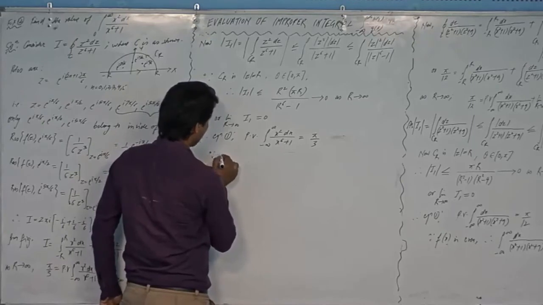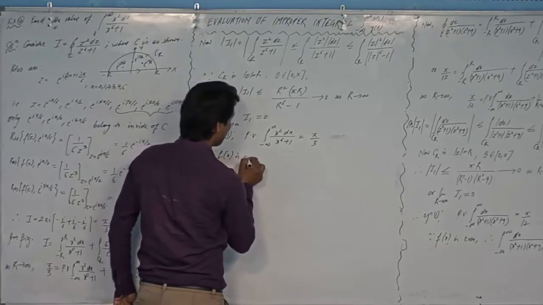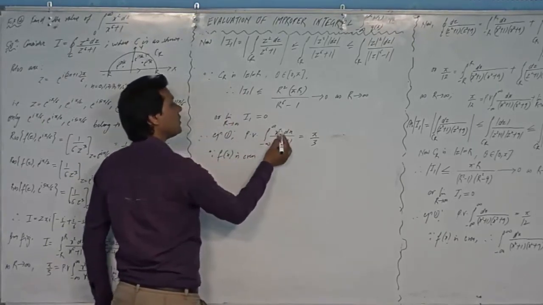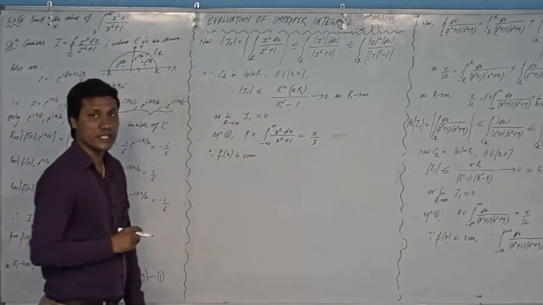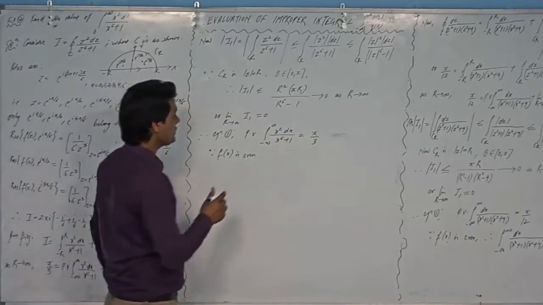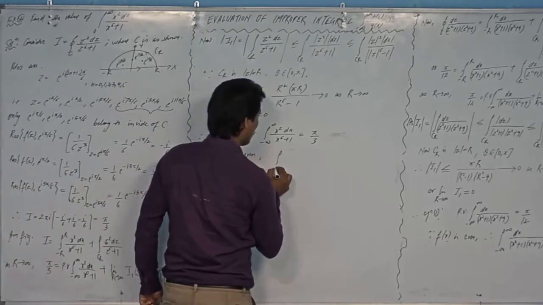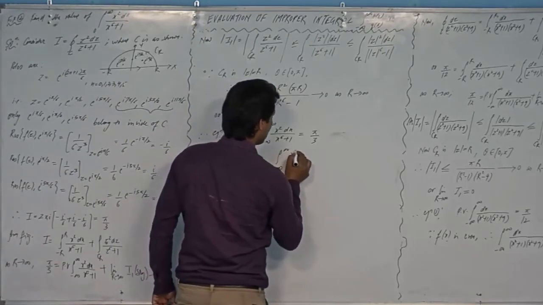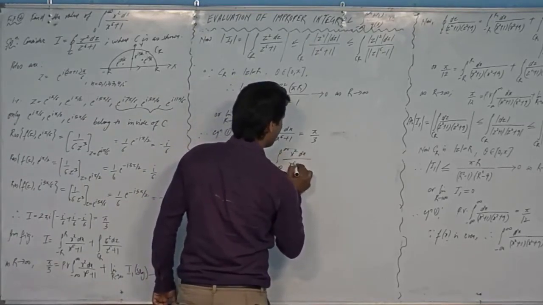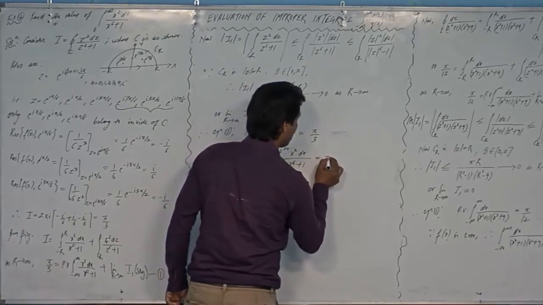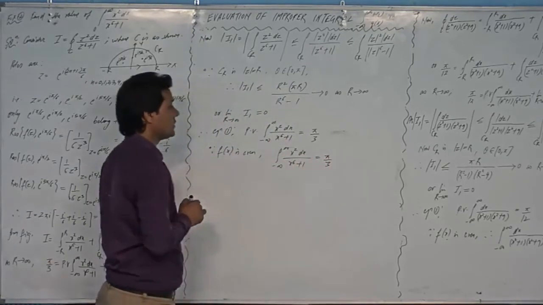concept. Since f(x) is an even function, you can see that only even powers of x occur in this integrand. So since f(x) is even, the principal value is actually equal to the value of the integral, which is pi by 3, right?